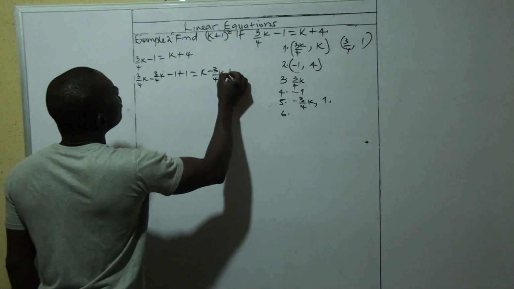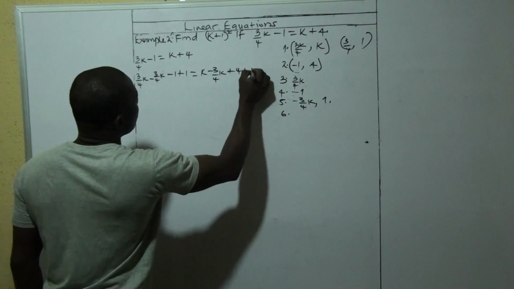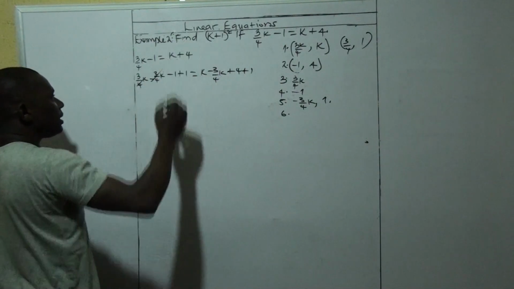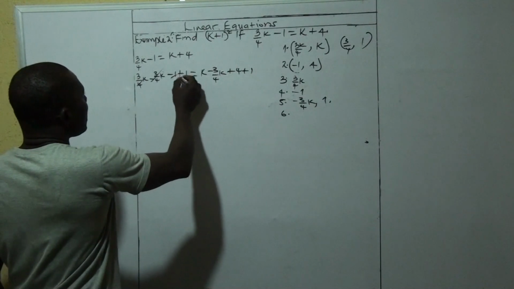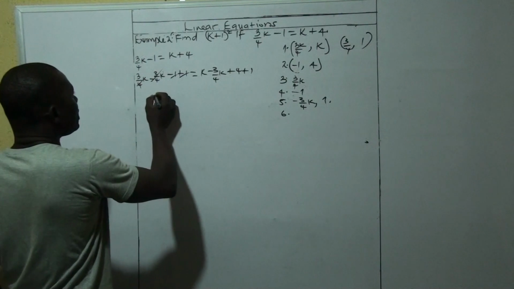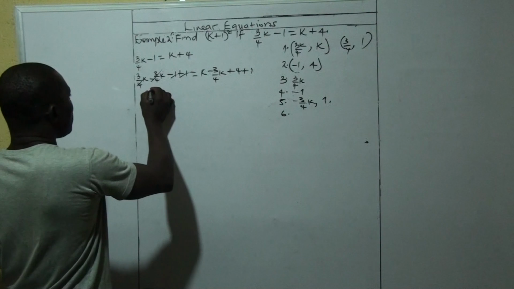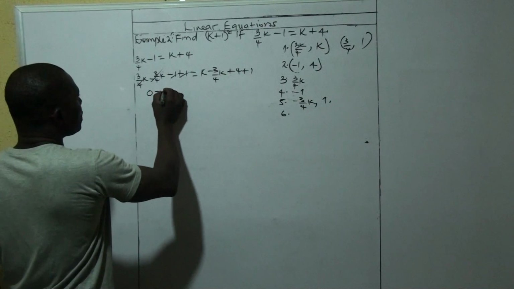We have plus 4 here before, plus 1. You see that this and this cancel, and this and this cancel, and everything becomes 0 here.